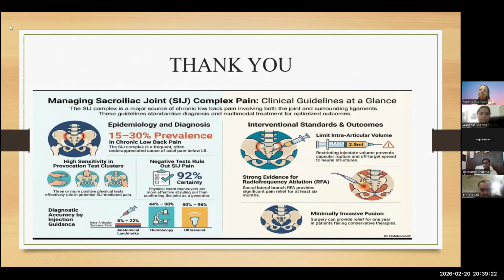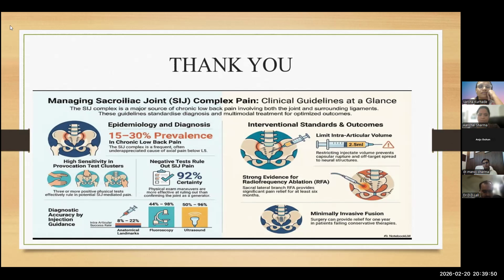So this is an infographic. I again got this from LinkedIn and shared it with Dr. Manoj. Again, this summarizes most of the major points of the article. It mentions epidemiology, incidence, high sensitivity, and also that a negative test rules out SIJ pain in 92%.